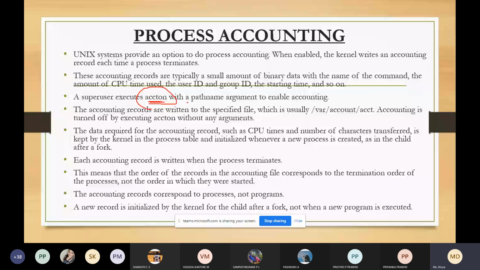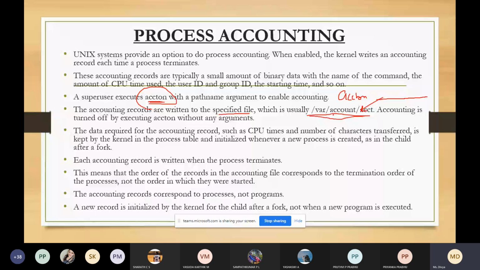So you have to use this command accton, and you have to write the path name. In this path, the accounting information will be stored. Accounting records are written to the specified file. So in this path, a specified file will have the accounting records of the process.